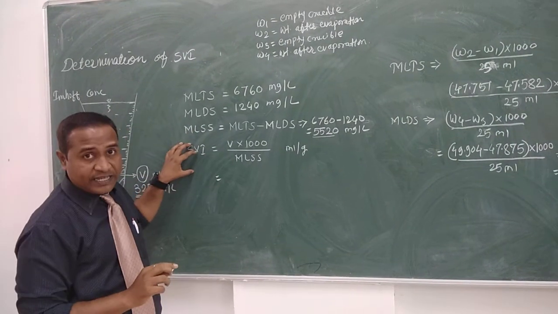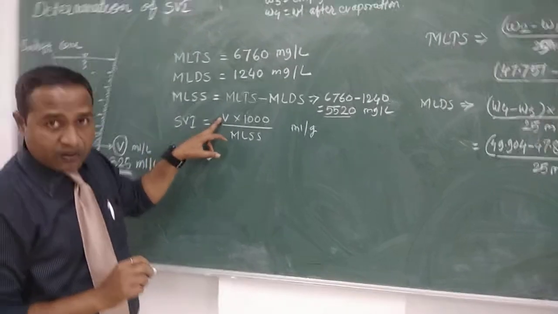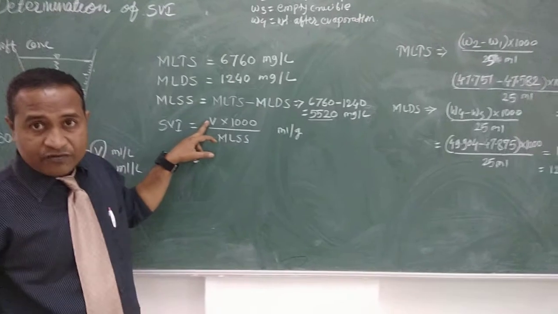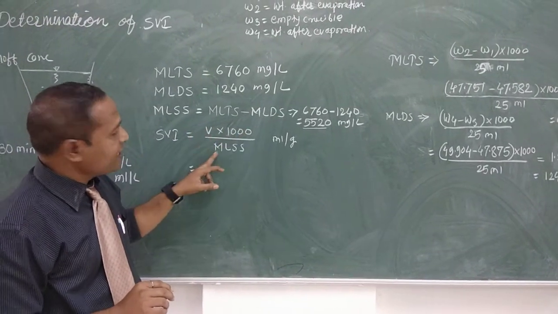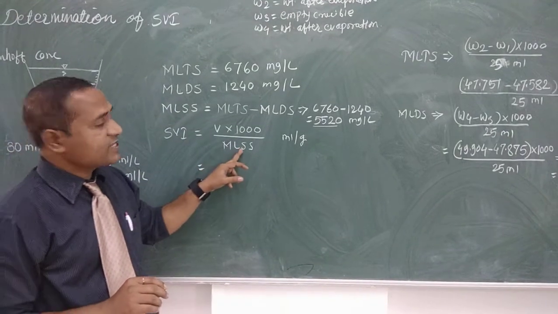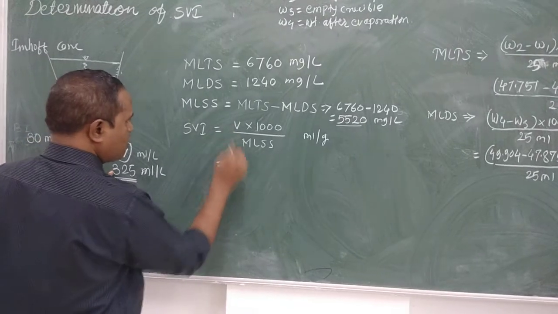Now how do we find out the SVI from these readings? SVI is the settled volume of sludge multiplied by 1000 divided by your MLSS, the mixed liquor suspended solids.